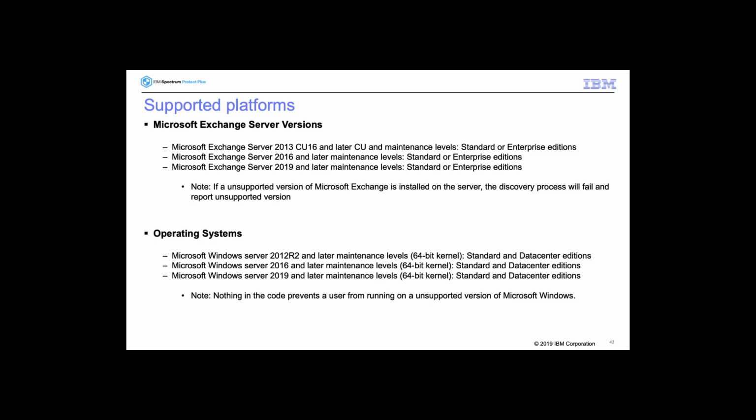It's going to give you the most current information about what's supported, what ports need to be open, what permissions need to be set up in the application in order to successfully run Spectrum Protect Plus and do an operation against that application.